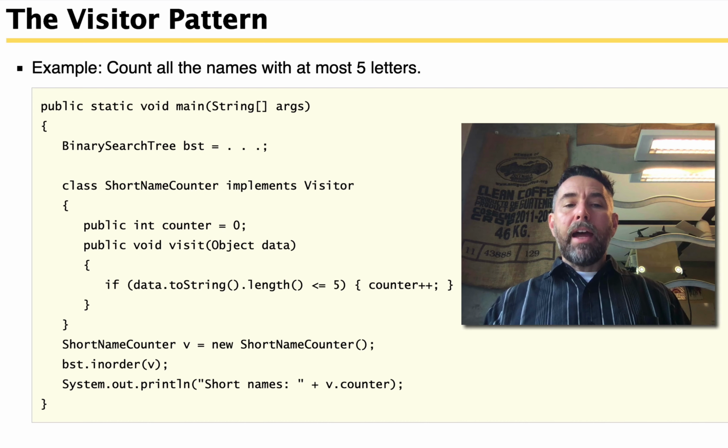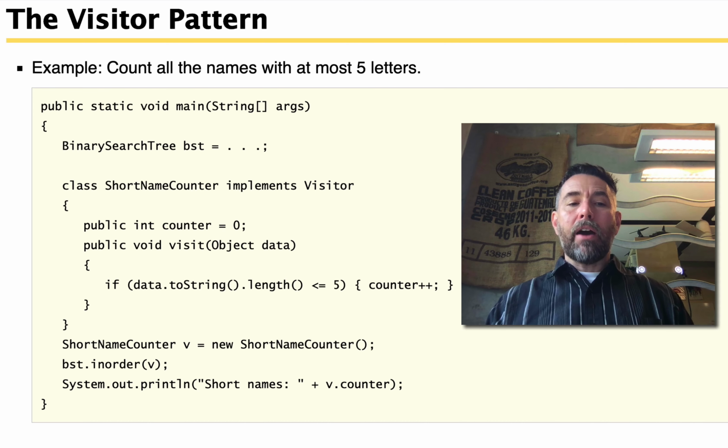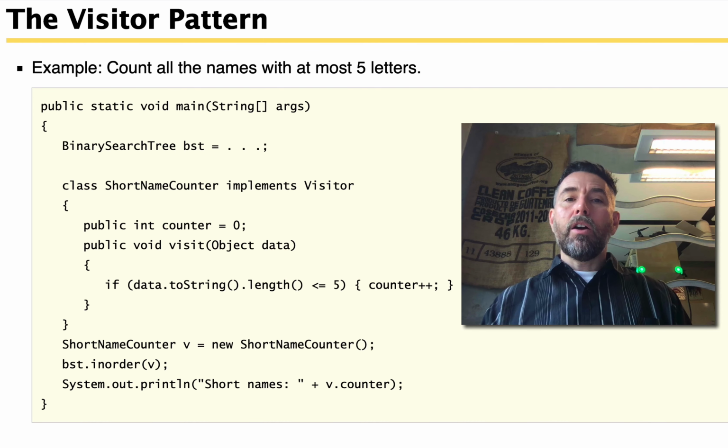We then create an instance of our ShortNameCounter, and we call an in-order traversal using our visitor pattern to go through our entire tree. When that in-order traversal is done, we can look within our class to see what the instance variable count has been set to after going through all the different nodes of our tree.